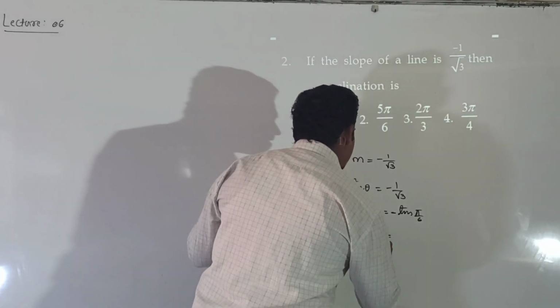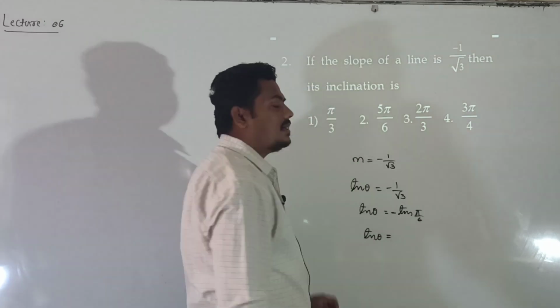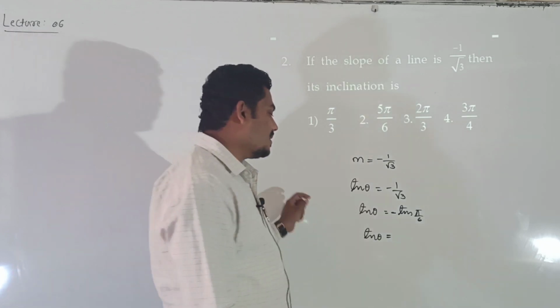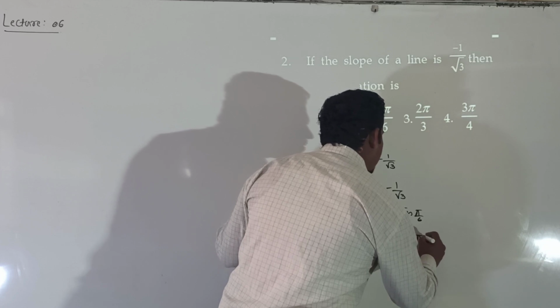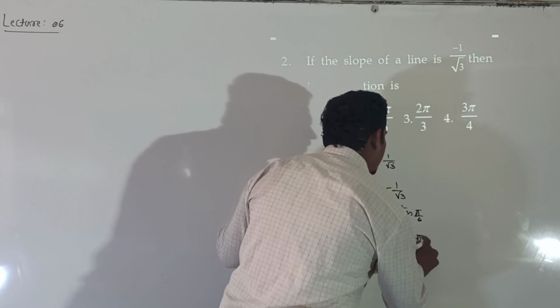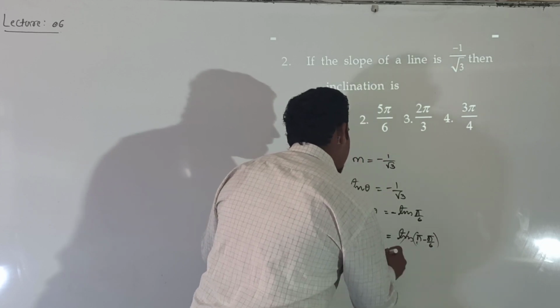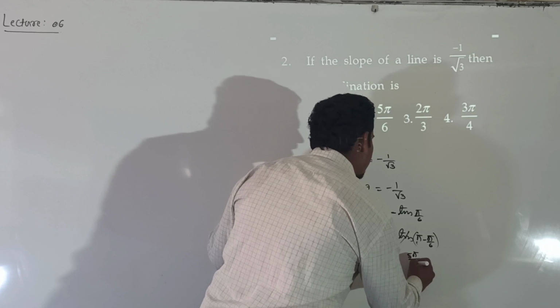After that, just rearrangement: tan of 180 minus theta is equal to minus tan theta. So tan of pi minus pi by 6, right? Now on both sides tan will get cancelled. Theta is equal to 5 pi by 6.